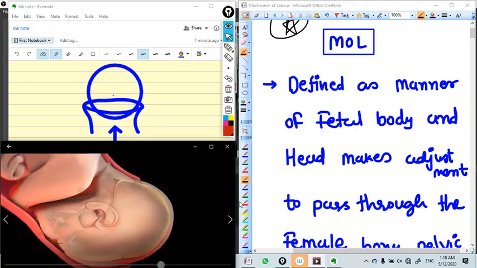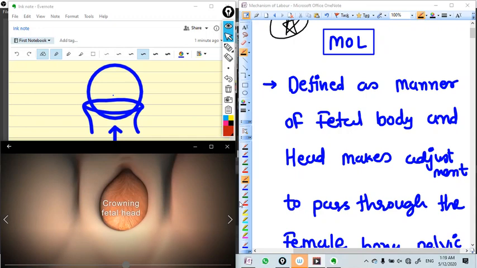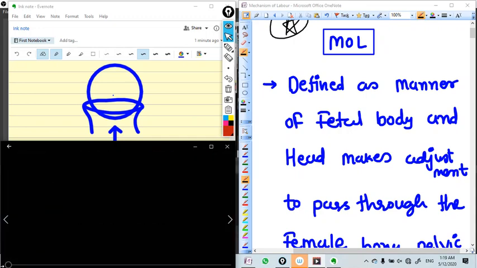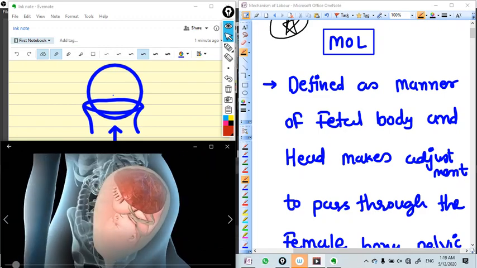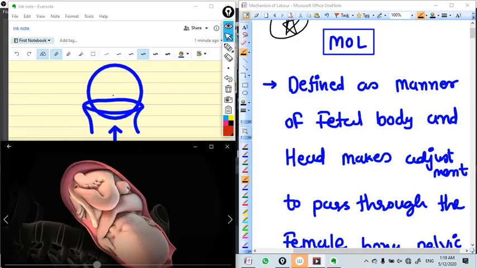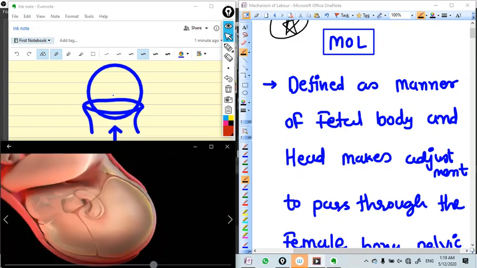See, the baby is coming out. Okay, so make this very clear to yourself: what you want is that the baby inside the uterus enters the pelvis like here, and comes out from the vagina.